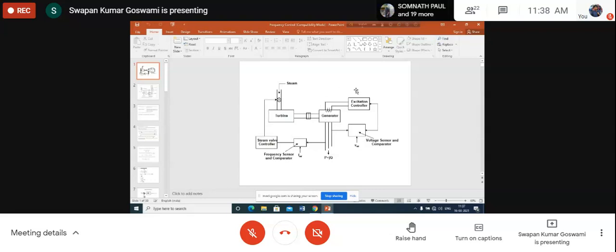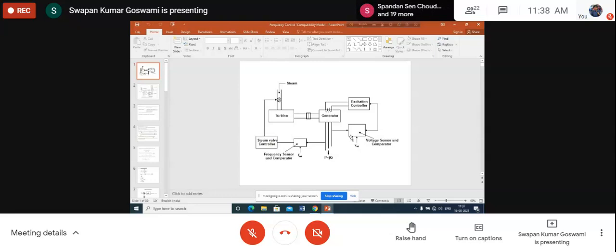And how much is the speed of the voltage control? Voltage control, you see, is control of field current. So we shall have to see what is the source that supplies the field current to the generator. This is a DC source. In older machines, the sources were basically DC generators.